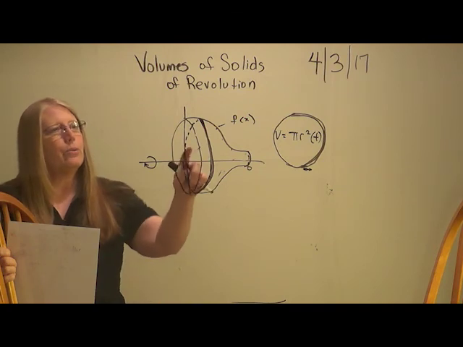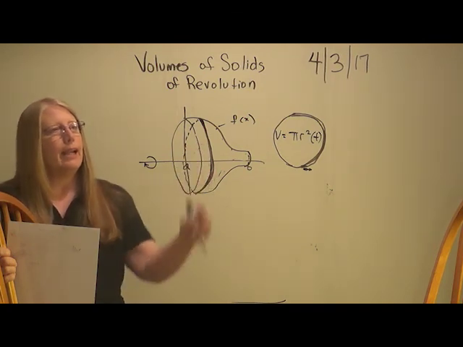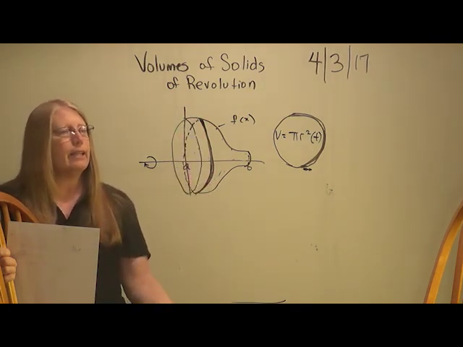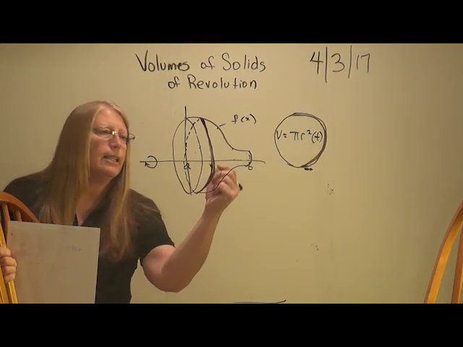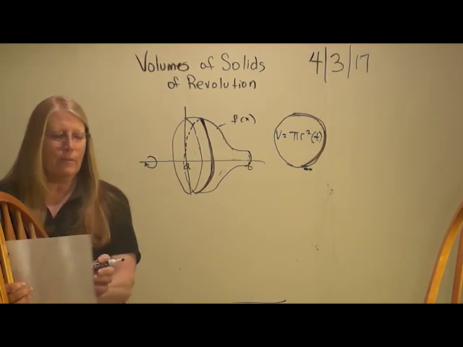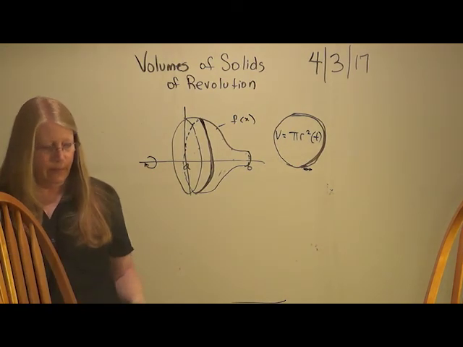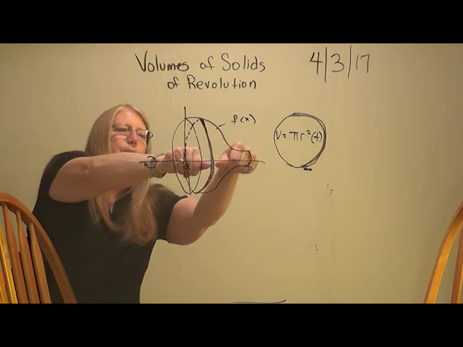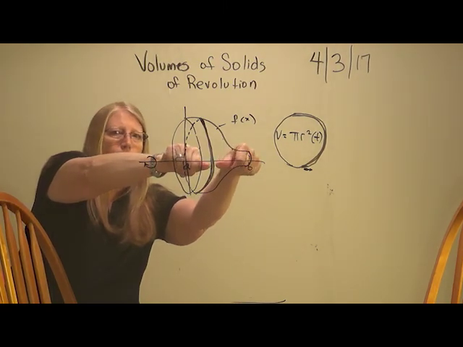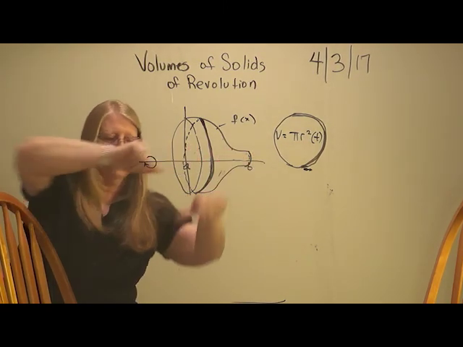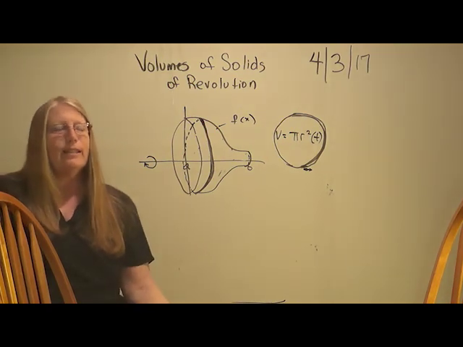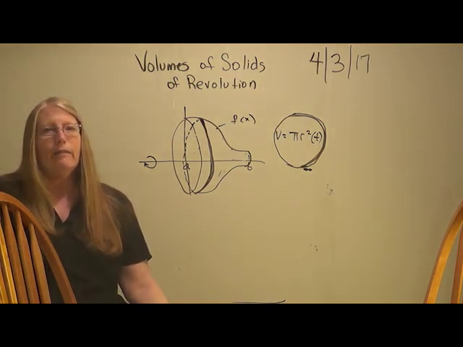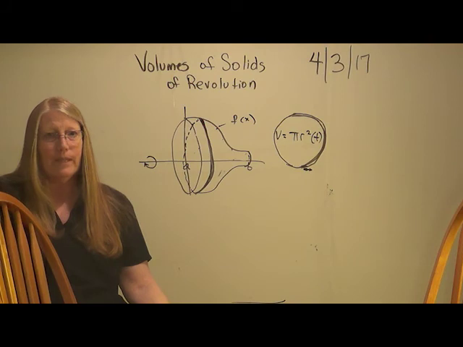So in our story over here, where we have the slice out of this, we have pi r squared, and the thickness is, let me use my two thumbs, between my two thumbs. And of course, as I want to do in calculus, I'm going to make that thickness infinitesimally small.